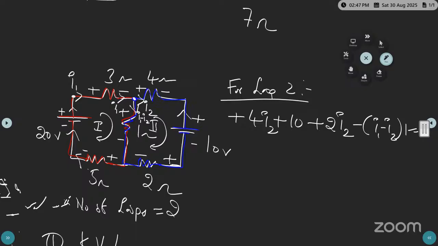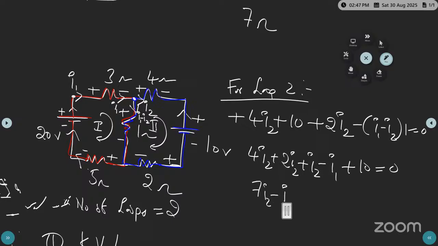Reduce this equation. 4I2 plus 2I2 plus I2 minus I1 plus 10 is equal to 0. So 4I2, 2I2, I2, that is 7I2 minus I1 plus 10 is equal to 0. Equation 2.